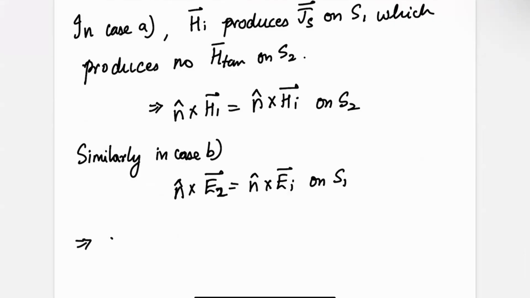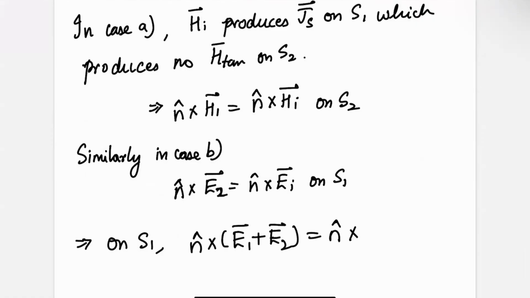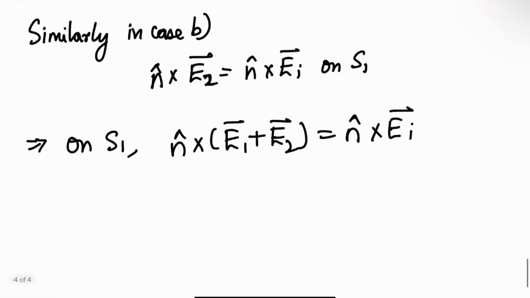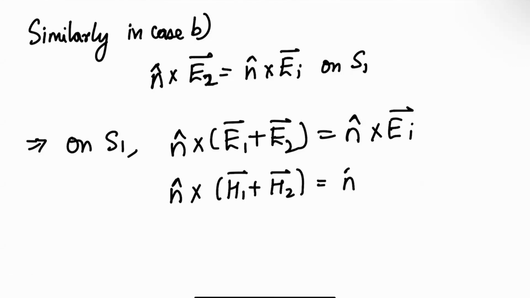Implies on S1, n hat cross (E1 plus E2) equal to n hat cross EI. Okay, and similarly, n hat cross (H1 plus H2) is equal to n hat cross HI.